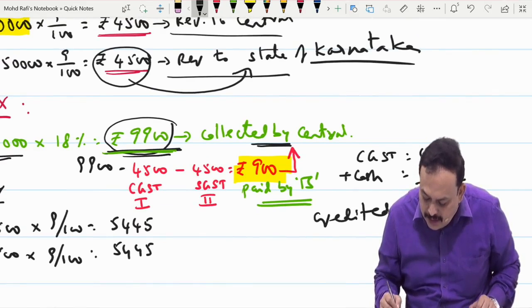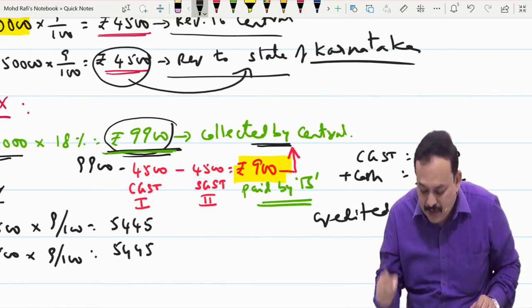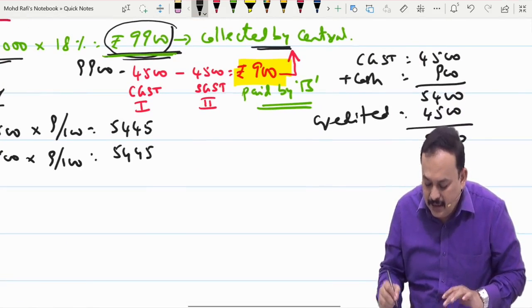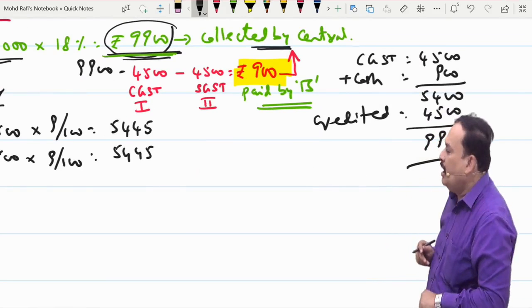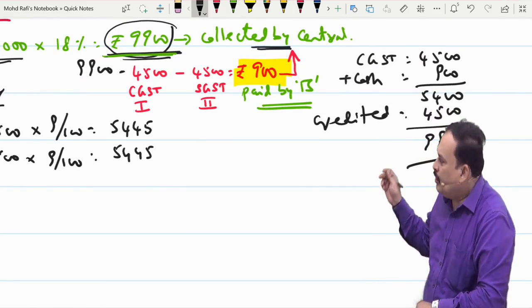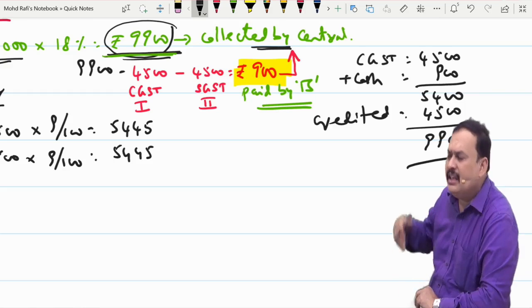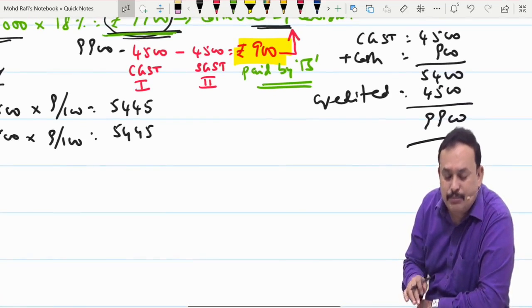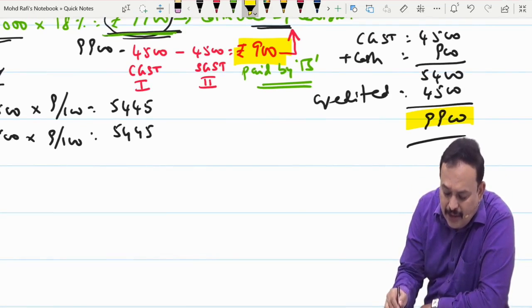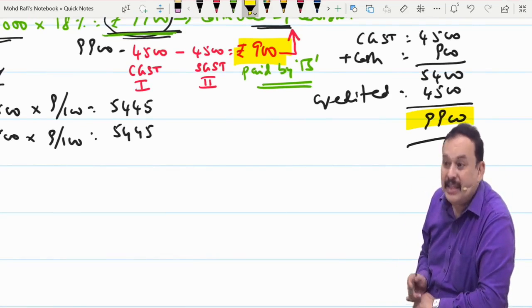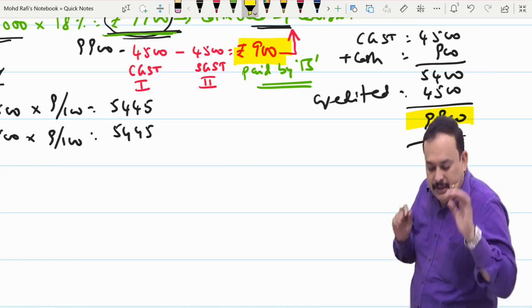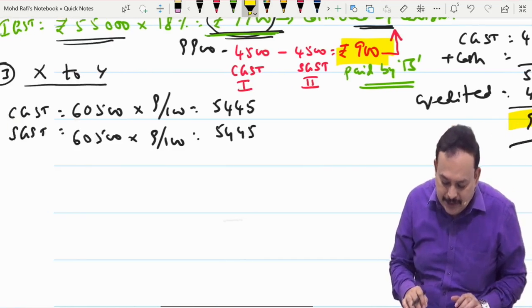Credited 4,500 by CCA. Total how much? 9,900 got by the central government. But this 9,900, my dear, is not the revenue of the government of India. They collected it and keep it in their pocket. Is that clear?